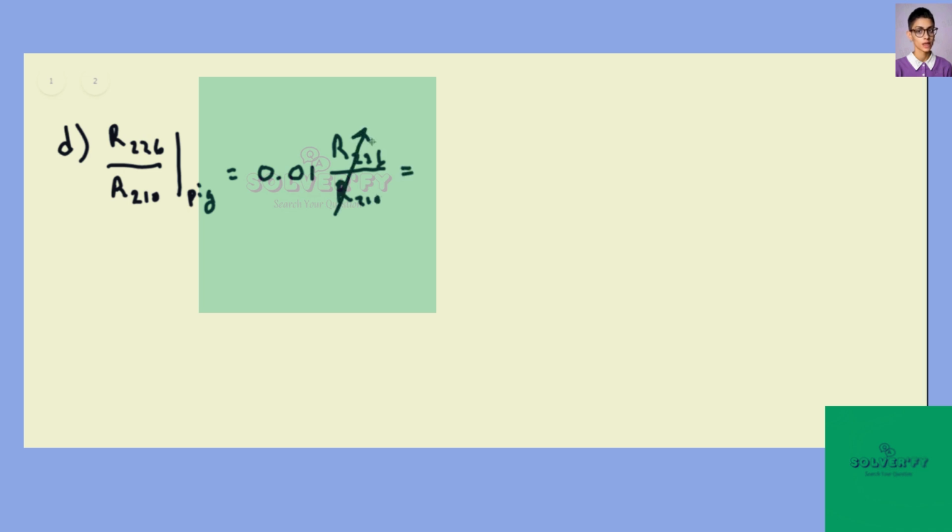This we already saw was equal to 1 because it's in equilibrium in the ore. And so the ratio in the freshly refined pigment is 1%. And similarly, for the ratio of the numbers, there's only 1% of the radium, so it's just going to be 1% of the value we found previously, so 0.708.